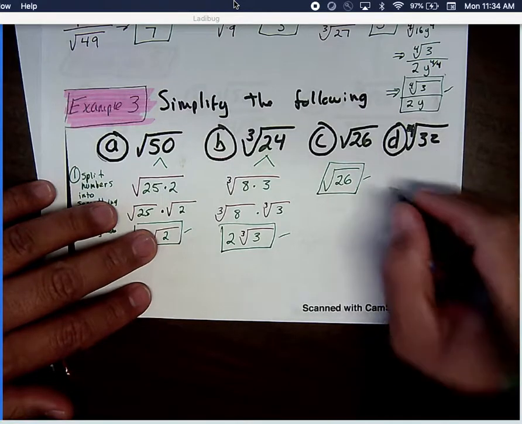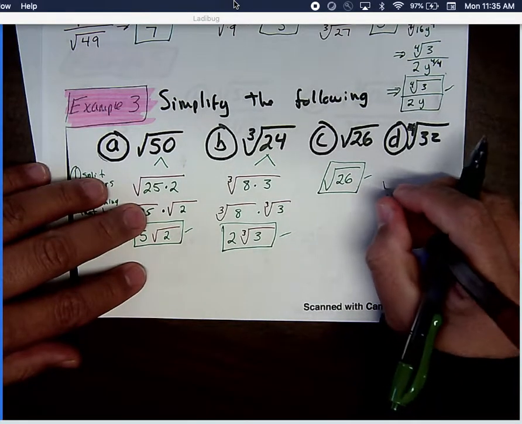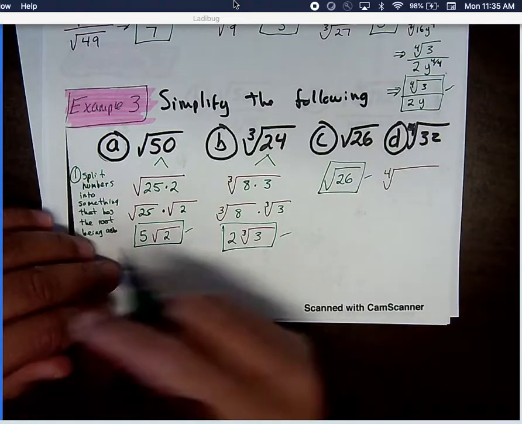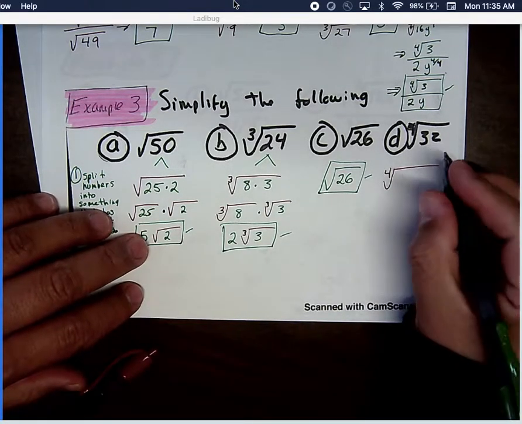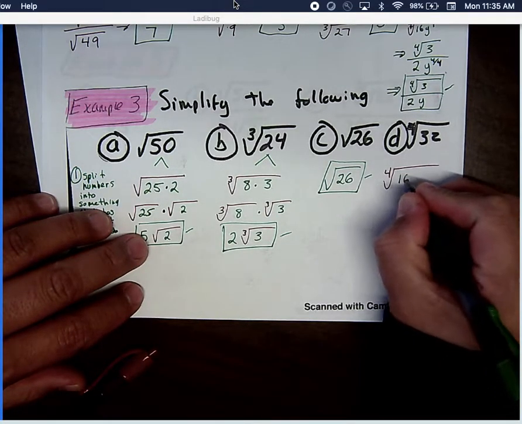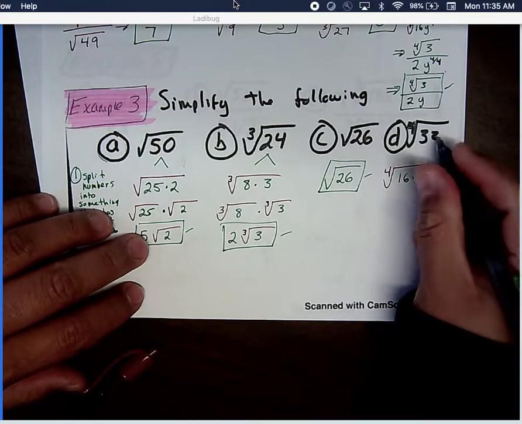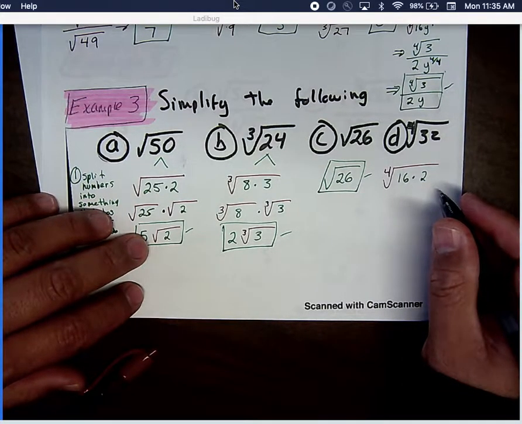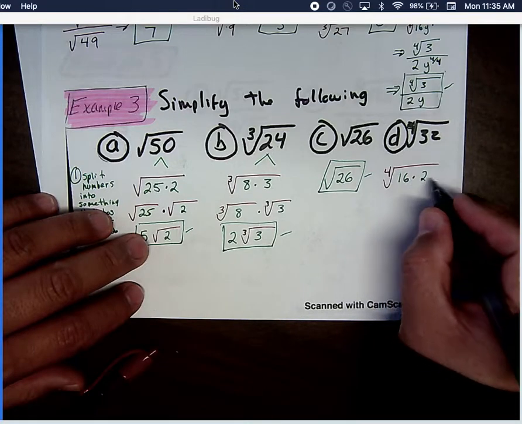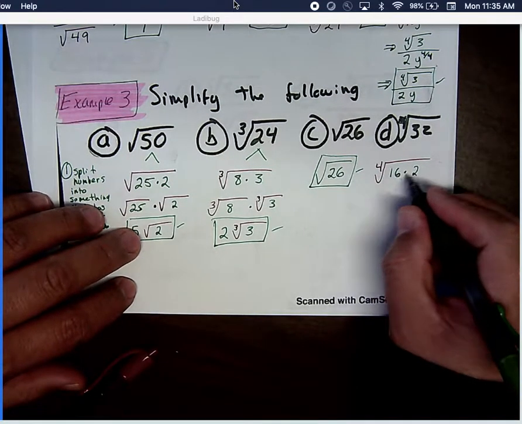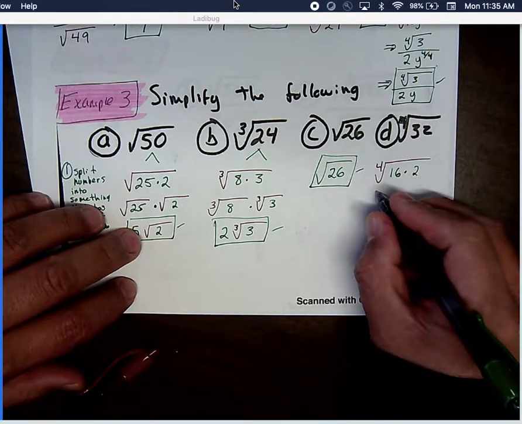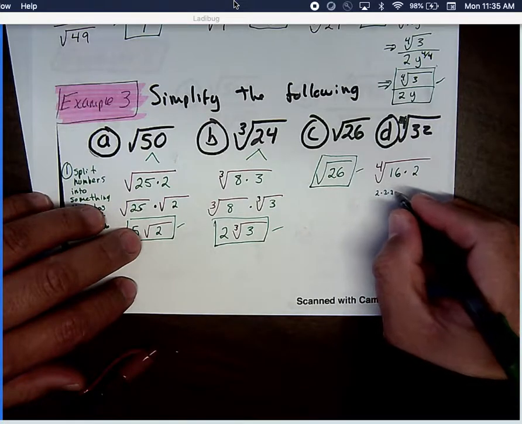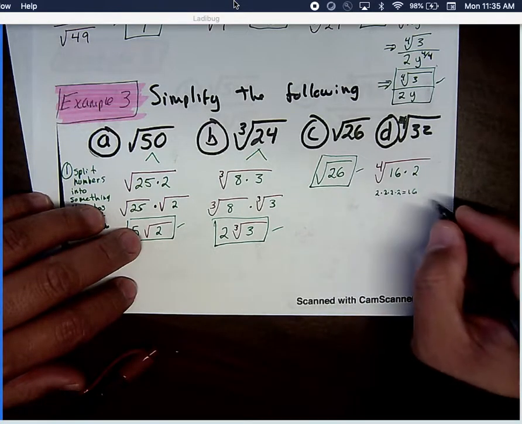So for now, let's do this one. So the fourth root of 32 would be 16 times 2, which gives you 32. And then which of these two numbers has a fourth root? The 16. So 2 times 2 times 2 times 2 gives you 16.